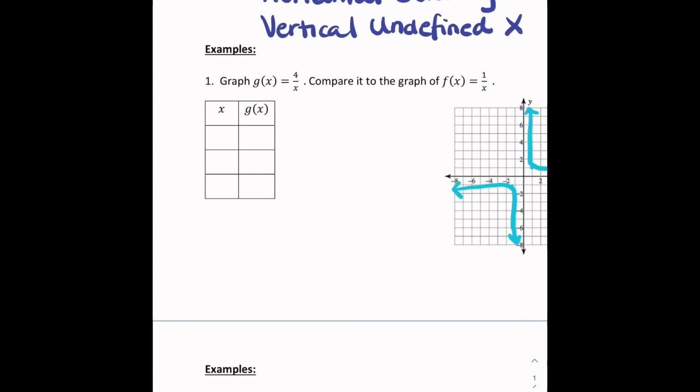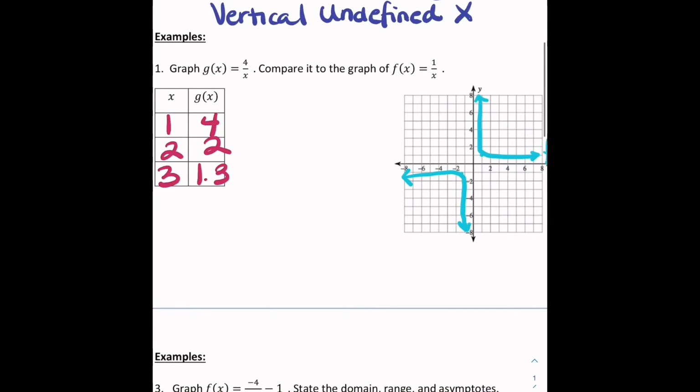So I have 1, 4, 2, 2, 3, 1.3. Let's go ahead and plot them as well. 1, 4, 2, 2, 3, 1.3. And connect.